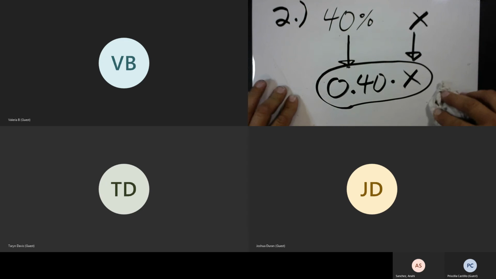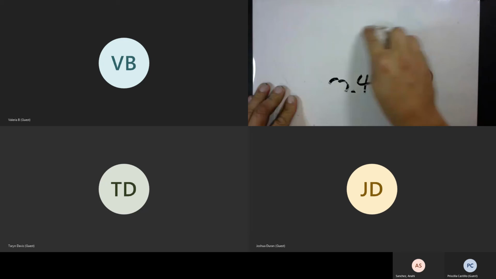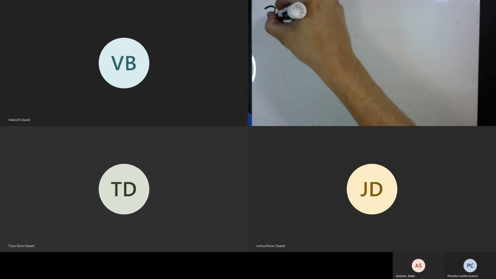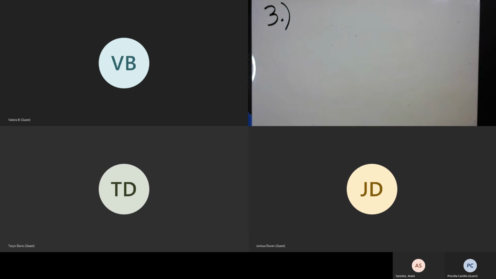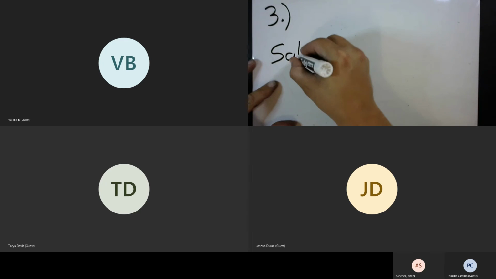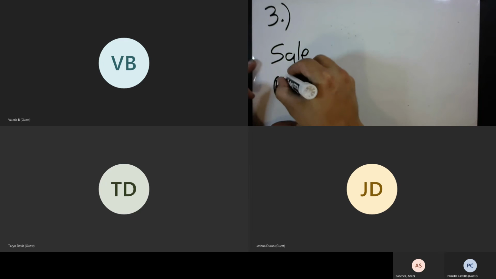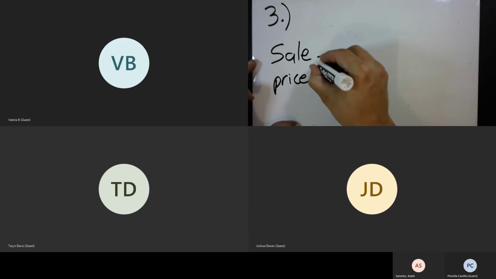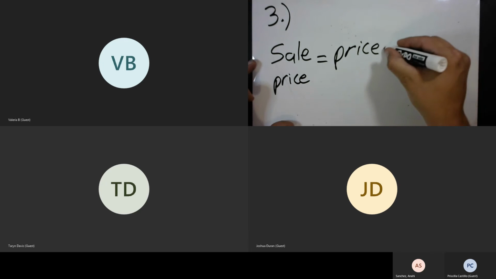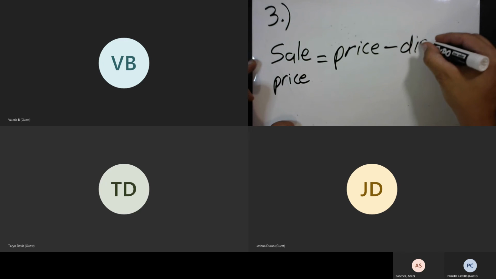So now we go to step 3. We want to come up with an equation. So for step 3, if we think about how sales work, the sale price is the price minus the discount.